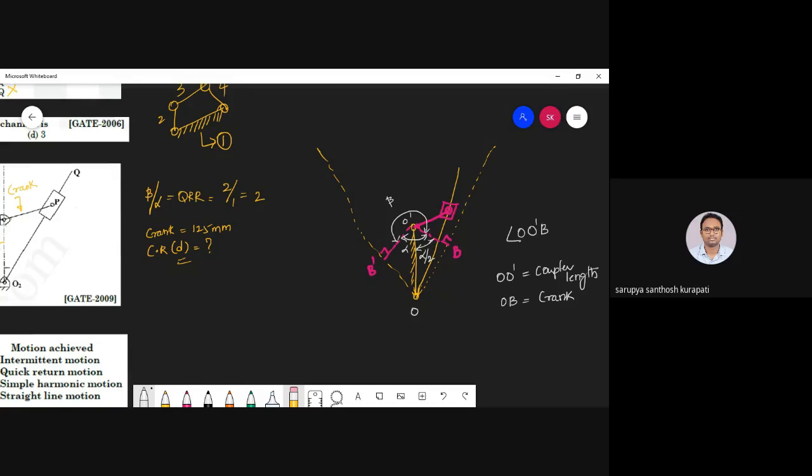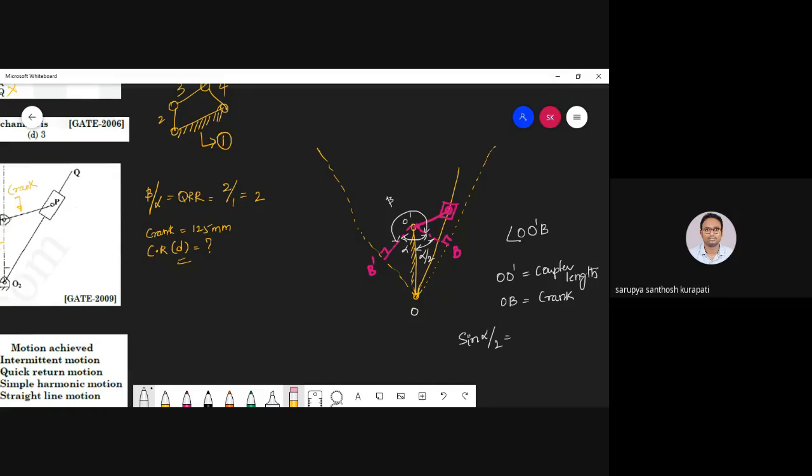Your base is nothing but O dash B. Now tell me, shall I take cos beta, cos alpha by 2 or sin alpha by 2? Sin alpha by 2 is equal to the opposite side, OB crank, by O dash.